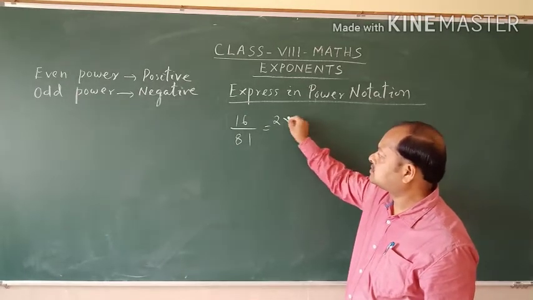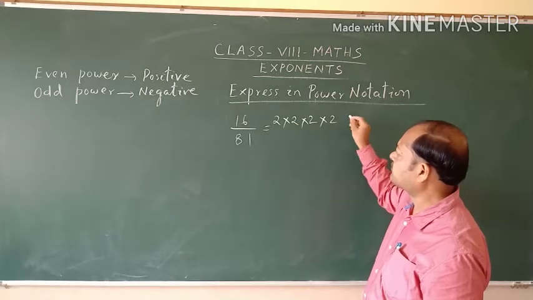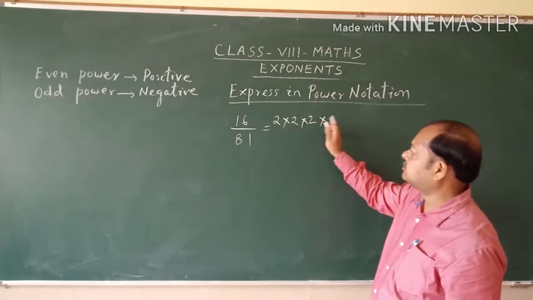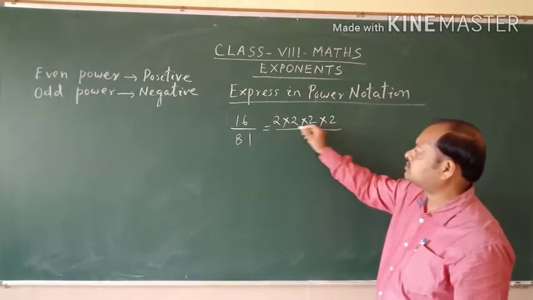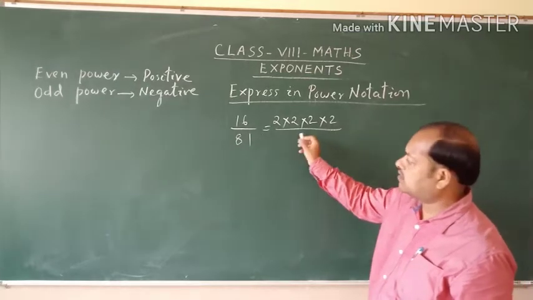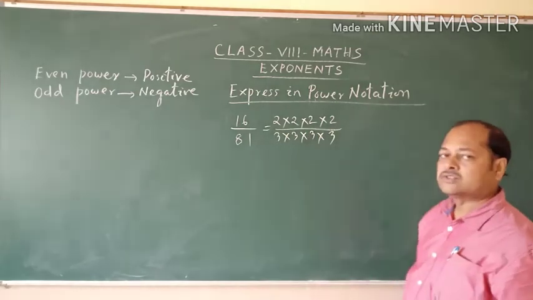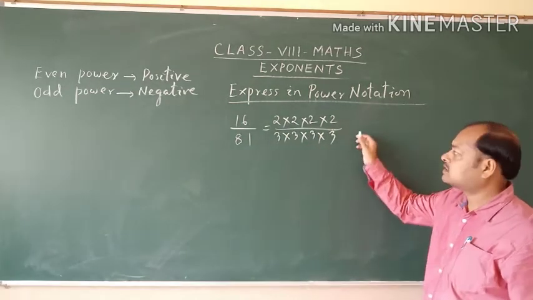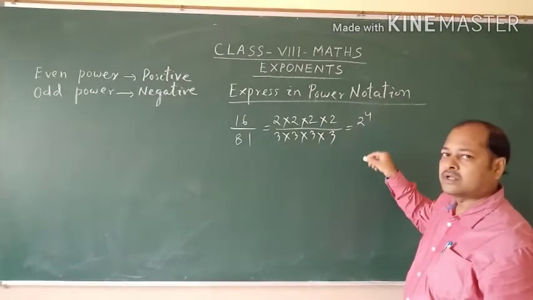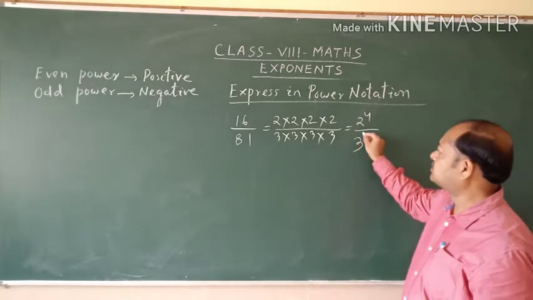How many times can we write 2? 2 into 2 into 2 into 2, that is 4 times, giving 16. And 3 into 3 into 3 into 3, 4 times. So we write 2 to the power 4 and 3 to the power 4.